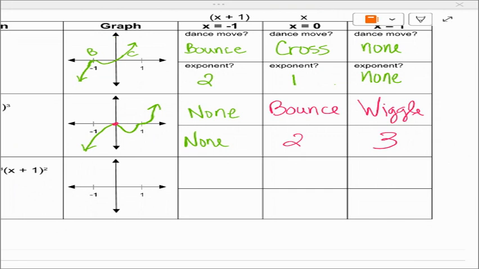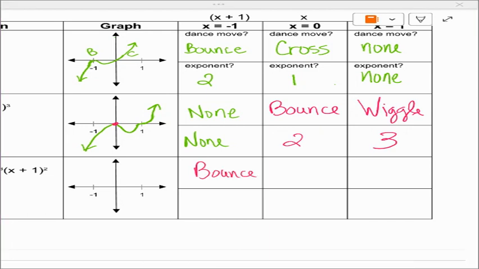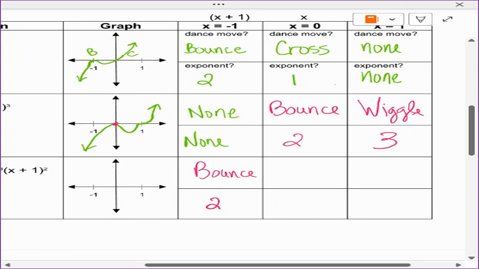So what's happening at -1? Yeah, at -1, we got a bounce. Why? Because it's squared, x plus 1 squared, degree 2. Oh my goodness. Get rid of that. Okay, it's back. Undo. Okay, what happens when x is 0?